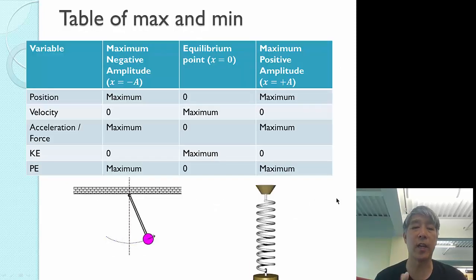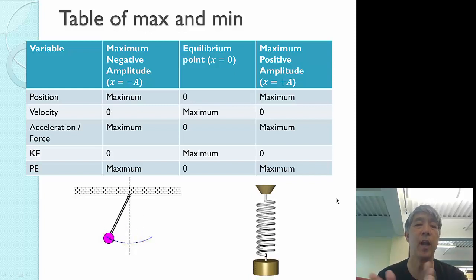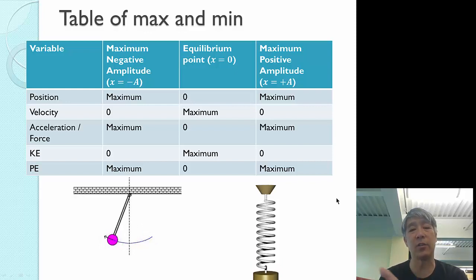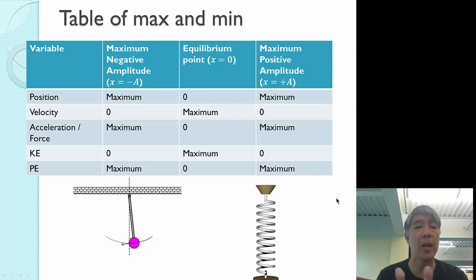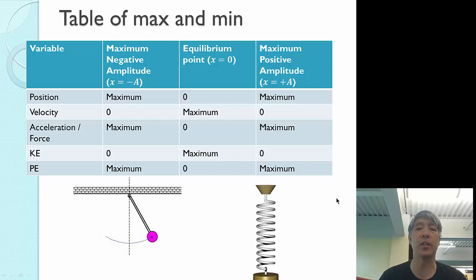So here's the table. On the left side, we have five different variables, six because one's duplicated: the five variables mentioned plus position. Position, velocity, acceleration slash force, since they're in the same direction and correspond to each other, kinetic energy and potential energy.